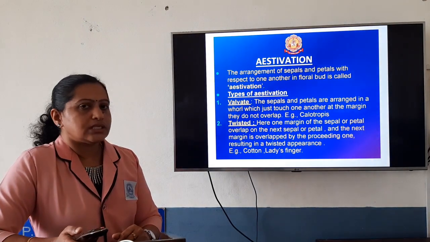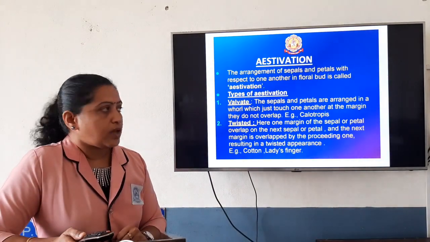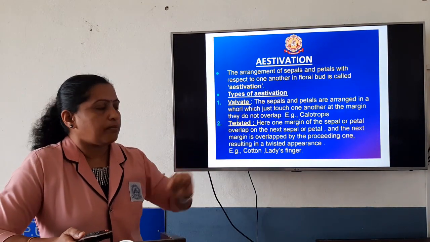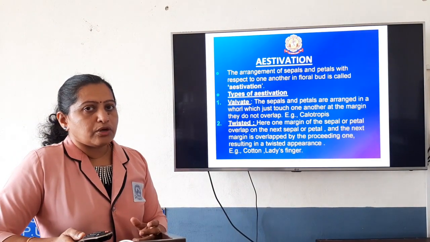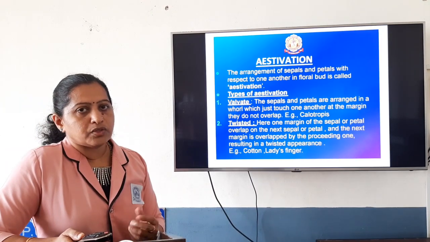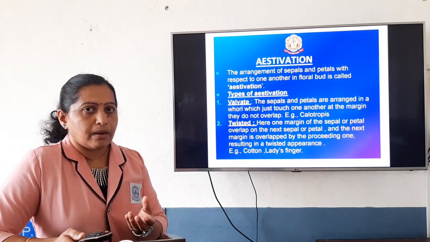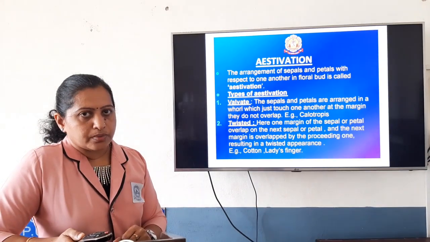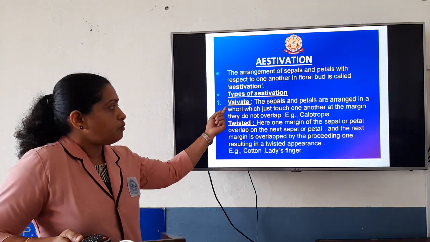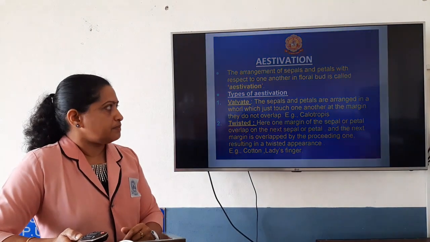Twisted aestivation is seen in the flower of the lady's finger plant, whereas valvate aestivation is seen in flowers of the plant named Calotropis. Calotropis is the common plant which we call in Kannada as Ekka plant, which is a medicinal plant. In such flowers there is valvate aestivation of both sepals and petals.